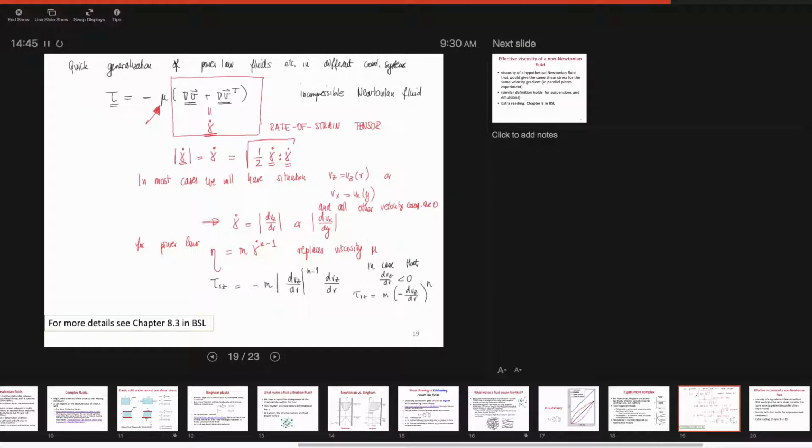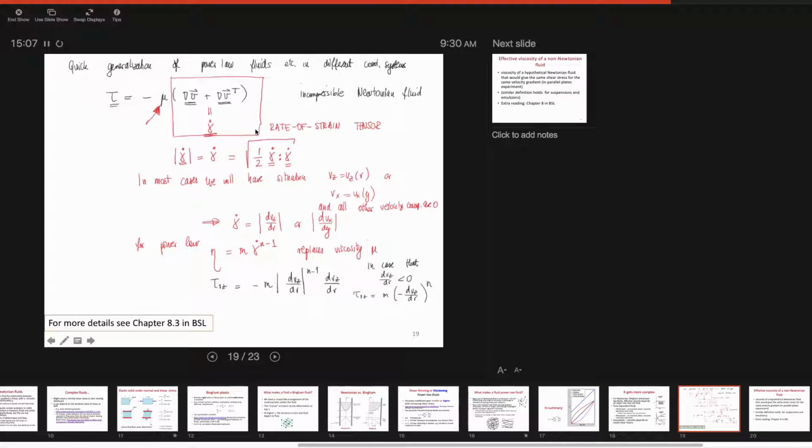So this is for my incompressible Newtonian fluid. I can still compute that regardless of whether it's compressible or incompressible. So what we typically refer to this entire tensor as is the so-called rate of strain tensor.